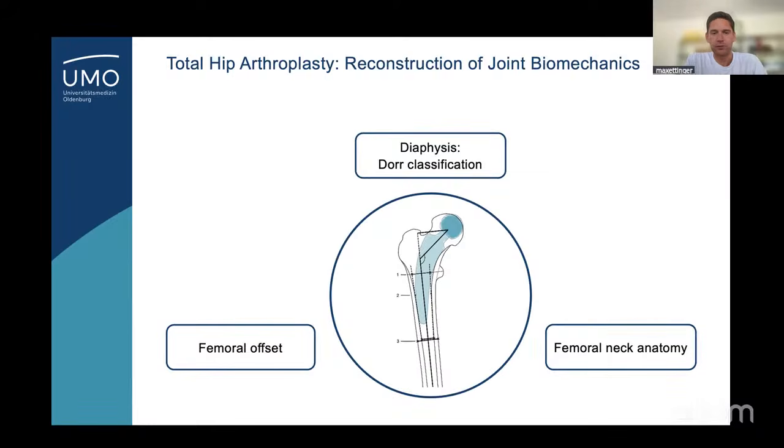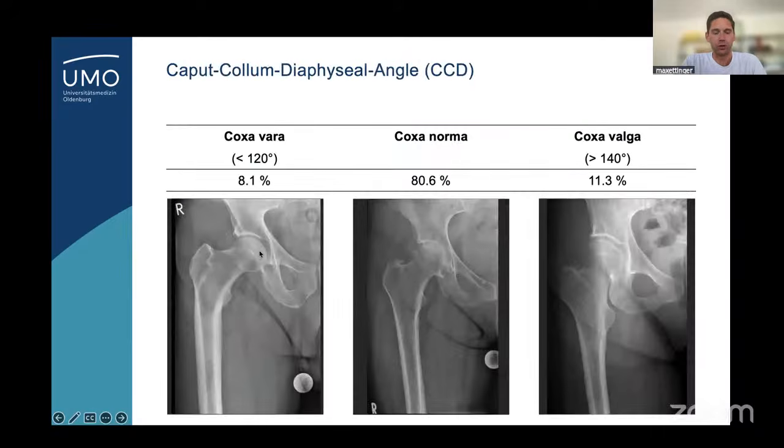And then, of course, the femoral neck anatomy is playing a big role in how easy it is to reconstruct the patient's individual anatomy. When you look at the CCD, so the caput-collum-diaphyseal angle, so the femoral neck angle basically, we have in about 8% coxa vara. That's what you see here. 80% is coxa norma, and then about 11% have a coxa valga.